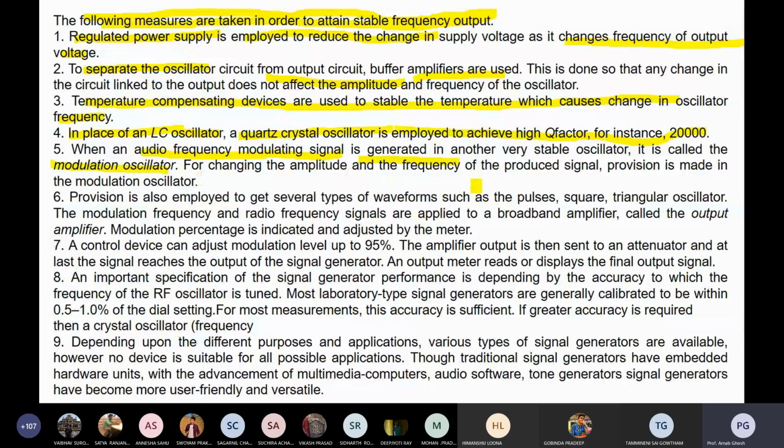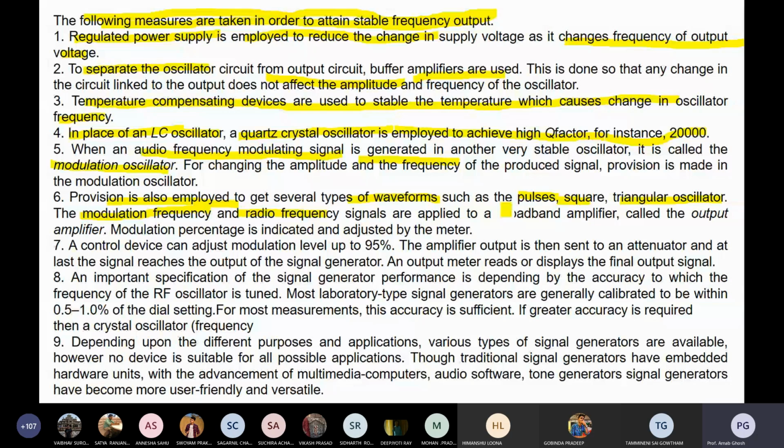Provision is also made to get several types of waveform such as pulse, square, and triangular oscillator. The modulating frequency and the radio frequency signal are applied to a broadband amplifier, called the output amplifier.